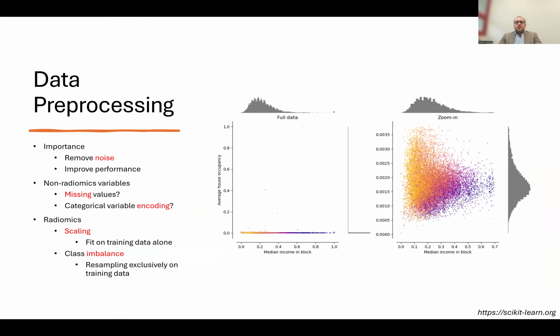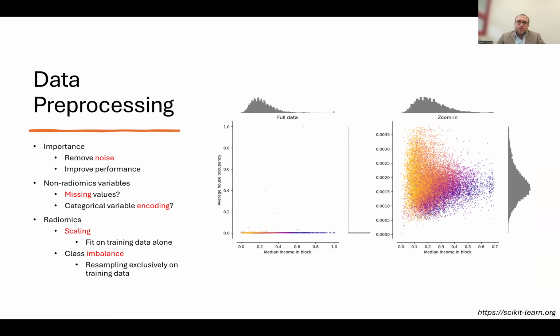Similarly, we can also process the radiomics features or general data themselves. In this case, we are not removing features or changing the overall dimensionality, but we are changing how the feature values are distributed, or, for example, correcting issues in the data set.